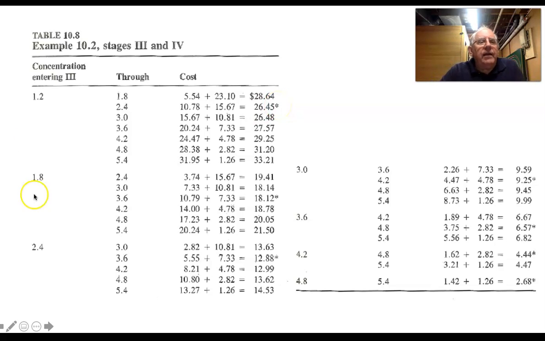And we could do that then, assuming that we come in at state 3 at 1.8, and now we only have 6 possibilities, and those 6 possibilities are to go to 2.4, and the cost is 374.